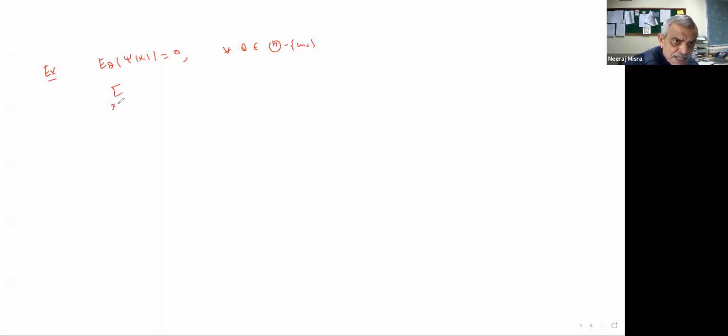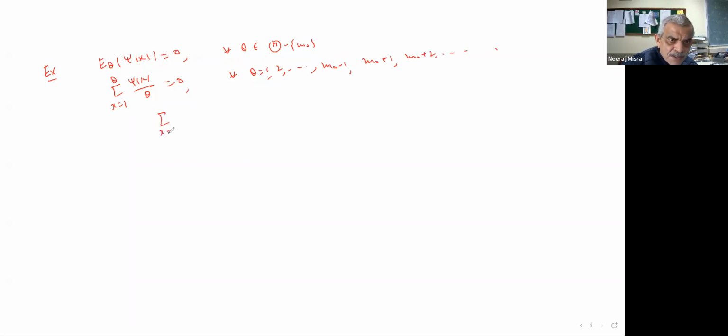This is the same as summation x equal to 1 to theta of psi of x times the corresponding probability at theta is 0, for every theta equal to 1, 2, except M naught. So that means M naught minus 1, M naught plus 1, M naught plus 2, and so on.